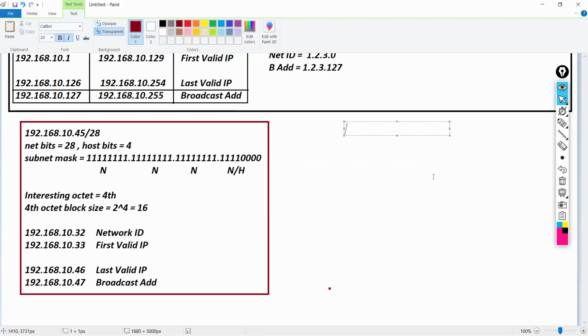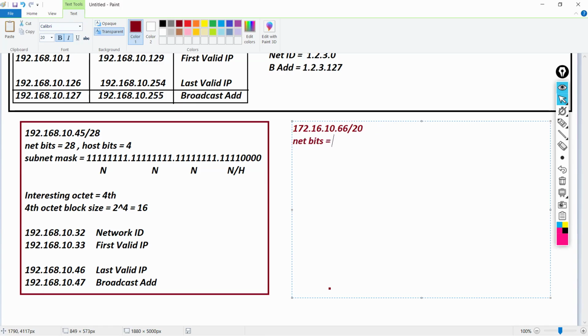If I say this, okay, now what? See here, in this case what will happen?